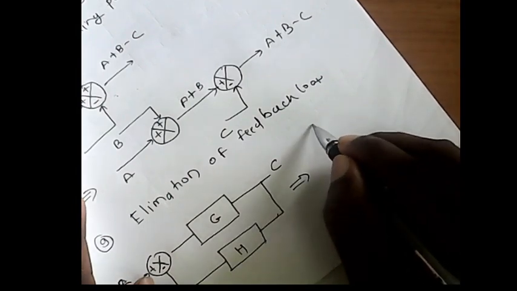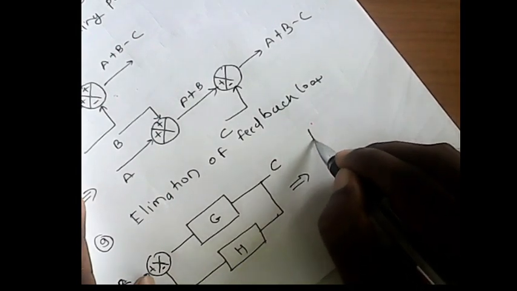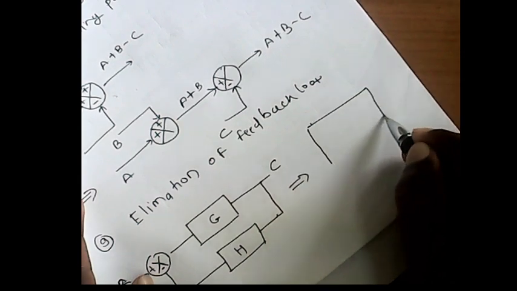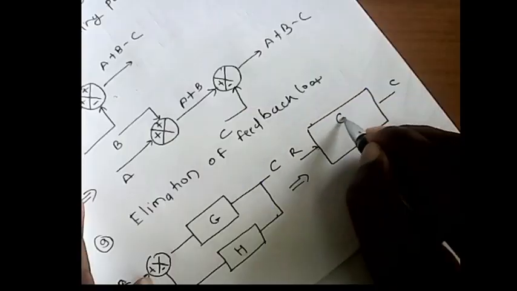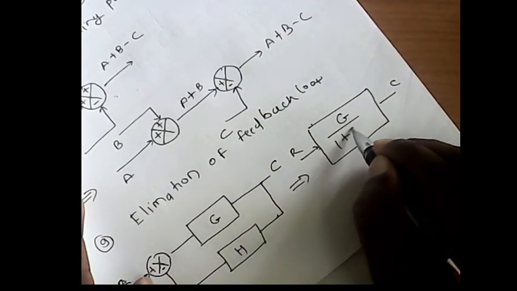If you want to remove this feedback, we can simply take a single block between R and C, which is G divided by 1 plus GH.